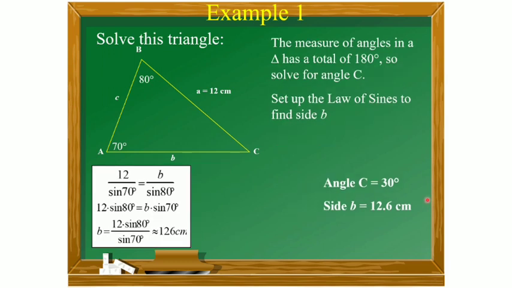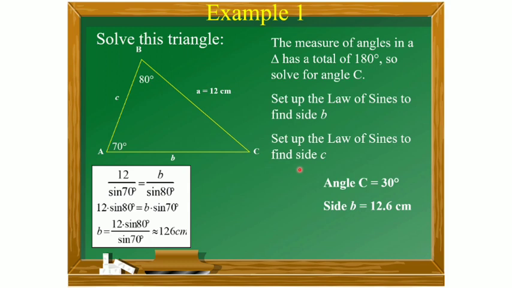To solve for the value of side C, again, set up the law of sines to find side C. So our equation will be side A over sine A is equal to C over sine C, which is 30 degrees.